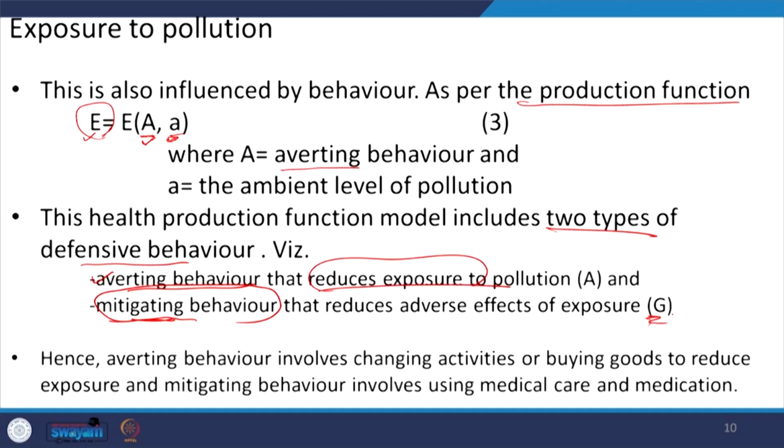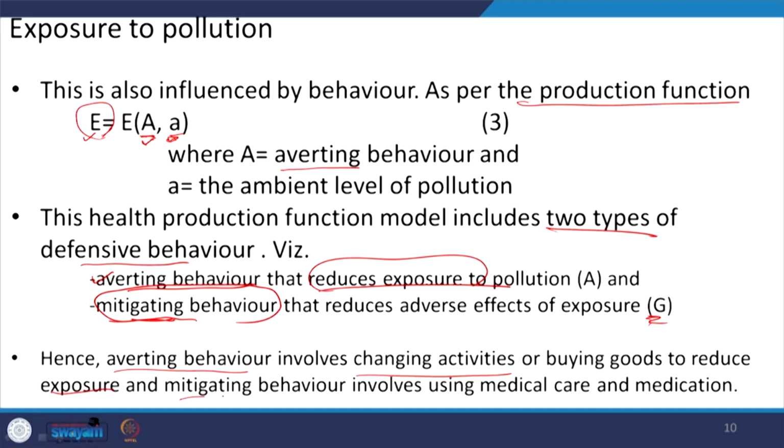Now this averting behavior involves changing activities, because obviously, how do you avoid a particular bad? It must be reflected in terms of a behavior. So, if you are changing your activities or purchasing some goods to reduce the exposure, that is reflected in your averting behavior.